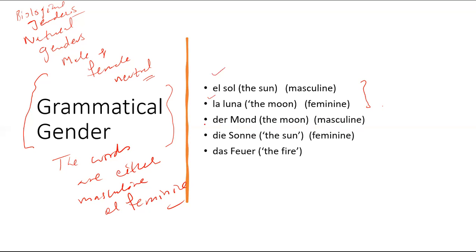We have one more example over here, from the German language, "der Mond." Here we can see that the Mond, in the German language, is the moon, and it has a masculine attribute.